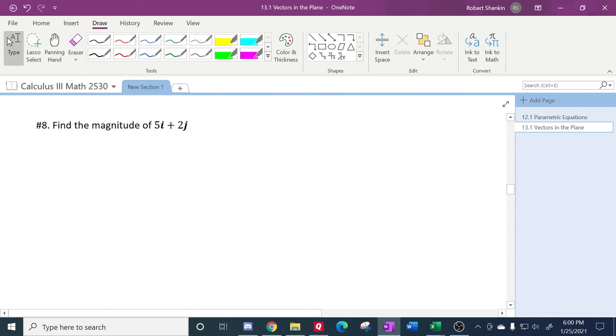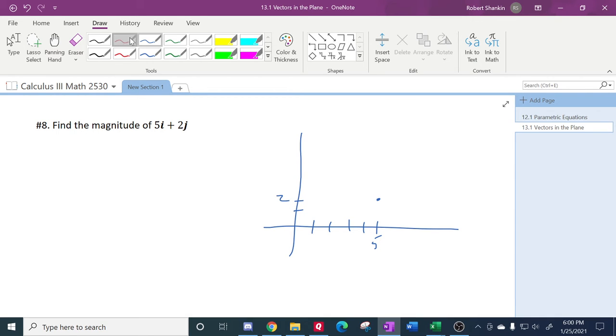Find the magnitude of this vector. One, 2, 3, 4, 5 over and 2 up. It's right here.